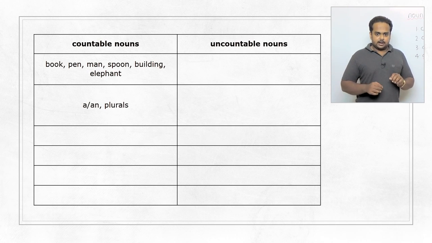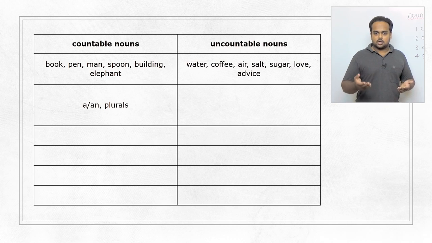But uncountable nouns are nouns like water, coffee, air, salt, sugar, love, advice, and so on. And just by seeing them, you should be able to say there's no way to count them, because water and coffee are liquids. Air is a gas. Salt and sugar are so small that if you try to count the individual particles, that would be an extremely difficult task.